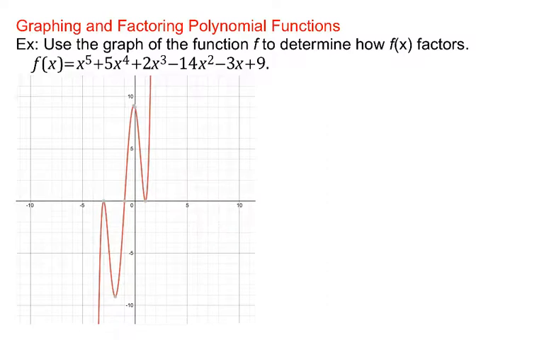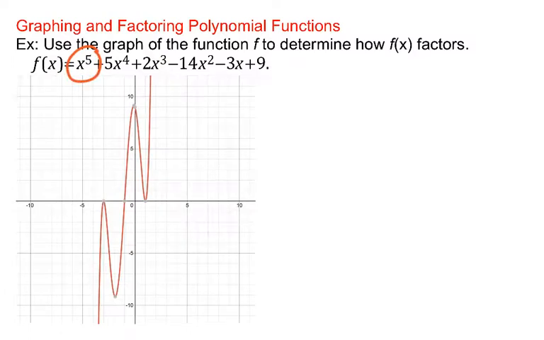So I want to look at the graph and first of all just see if it makes some sense, and then use what we know about zeros and factors, and mainly the factor theorem, to see if we really can accomplish what they're asking for. So let's look at the leading term. Notice that the leading term has an x to the fifth in it.